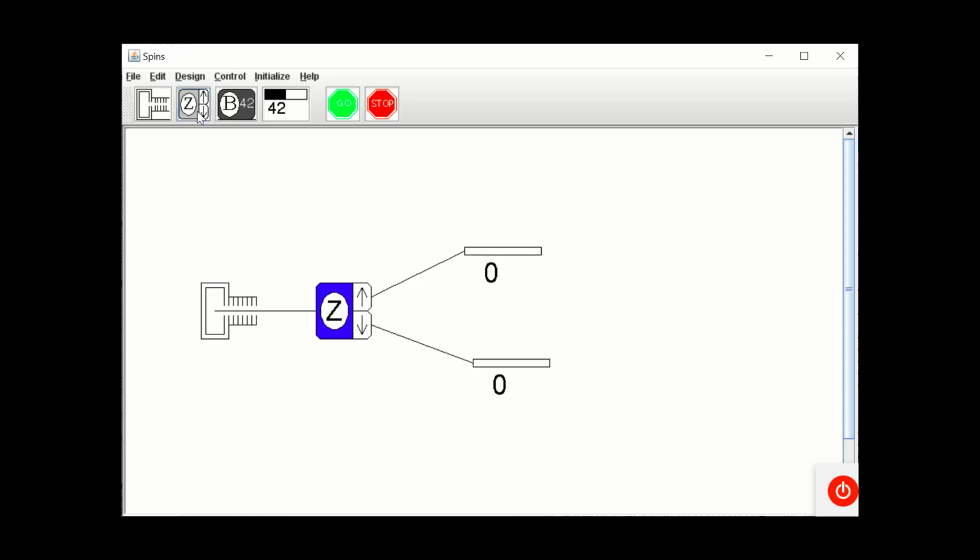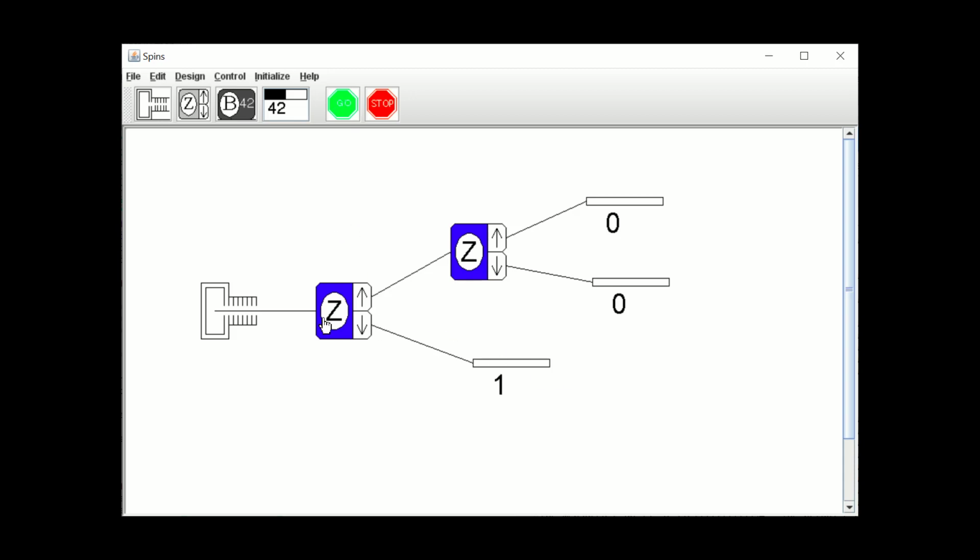Another thing I can do is add a second Stern-Gerlach analyzer here. I take the beam from the spin-up output of the first analyzer and send it to the second analyzer, add another counter, and bring that over here to count the numbers out of there. As I send particles through, I send one, spin down, send two, three, it goes up, and we get essentially what you might expect.